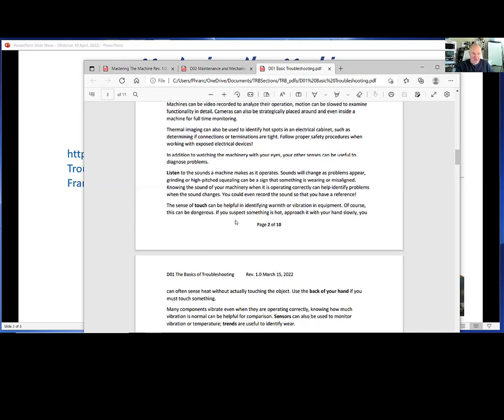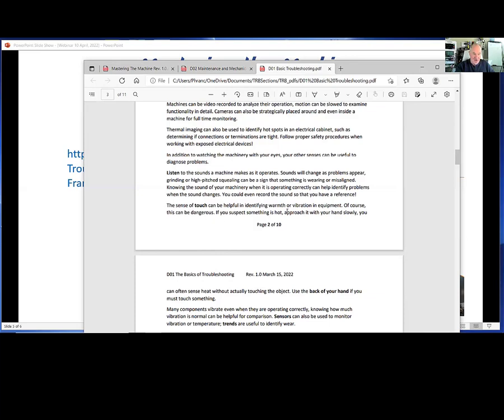You can use touch. You must be careful when using touch, right? Some things are hot. So you can use the back of your hand, for instance, to check the temperature of a motor. And if it's getting really hot, you may need to go in and do something to lower the current in that motor or upsize the motor or service it or whatever.